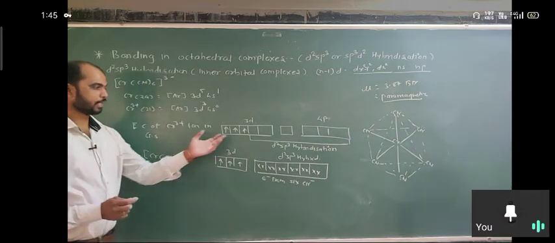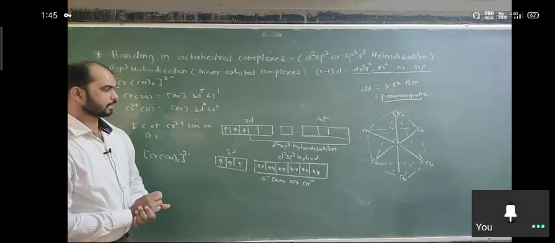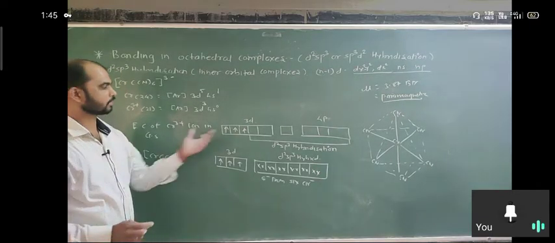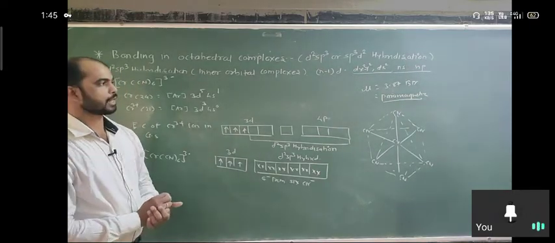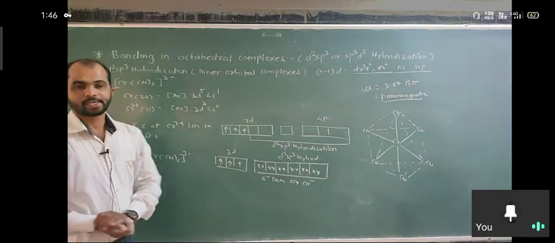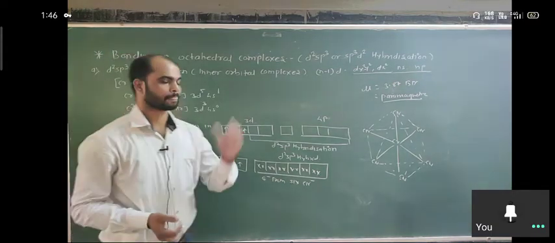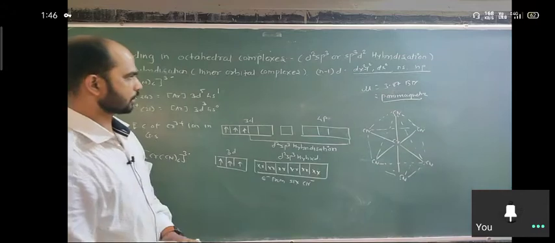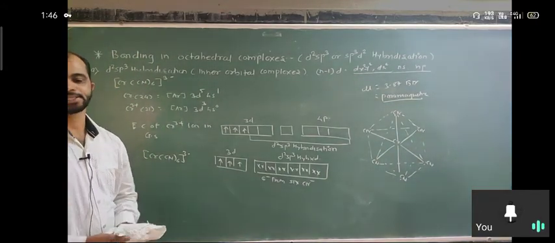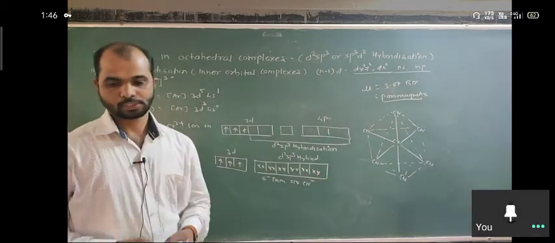There are 3 unpaired electrons in the 3d orbitals and 2 orbitals are empty. That means it undergoes d2sp3 hybridization, and the 3 unpaired electrons show the magnetic moment 3.87 Bohr magneton, and it is paramagnetic in nature. The d2sp3 hybridization suggests octahedral geometry. So this is all about inner orbital complexes. There are a number of inner orbital complexes you can solve this way.